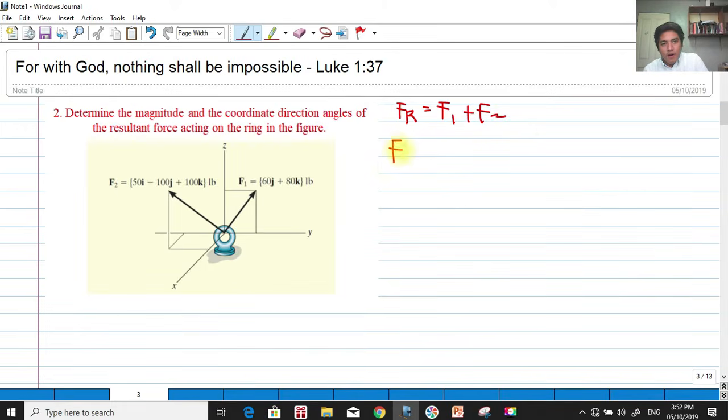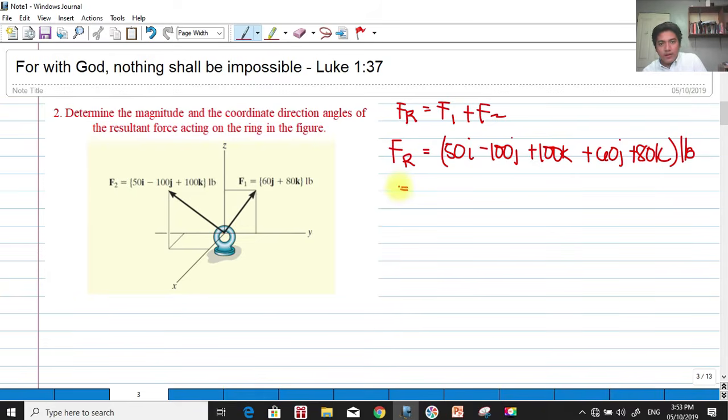And Fr is simply what? We have 50I minus 100J plus 100K plus we have 60J plus 80K, in pounds. So we can add those with the same unit vectors.